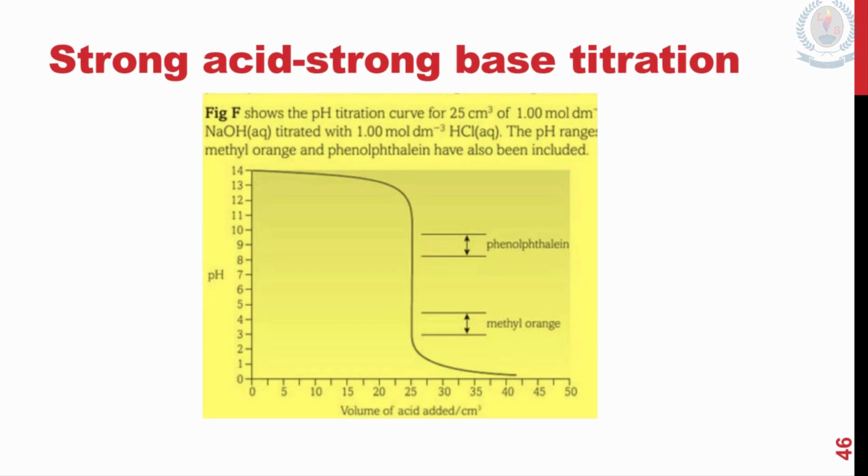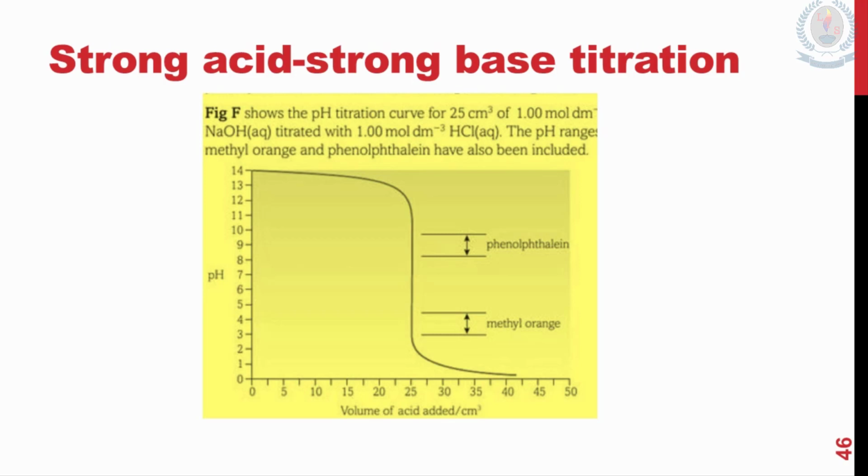Now let's see the choices of indicators for different types of titrations. For strong acid, strong base titrations, this titration curve shows the pH titration curves for 25 cubic centimeters of 1 M NaOH and 1 M HCl.